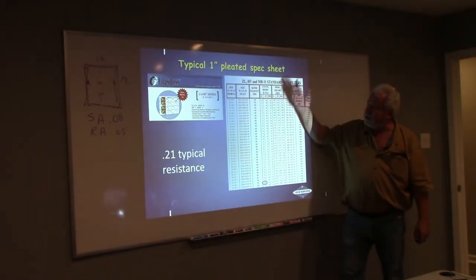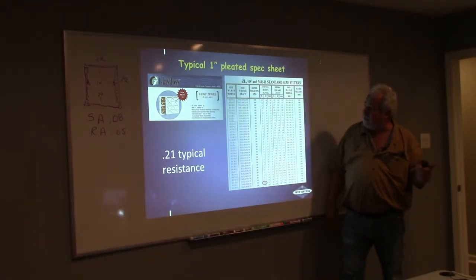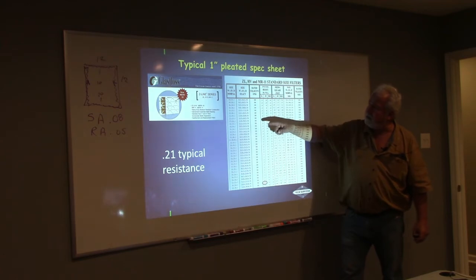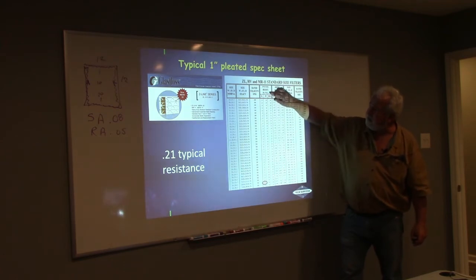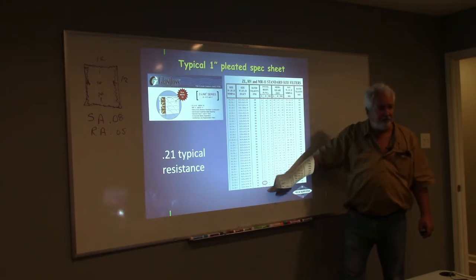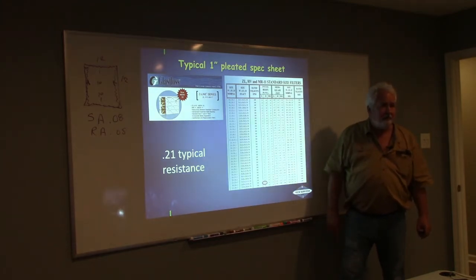All right, here's another typical 1-inch pleat. Now look at this. Remember we just talked about that 0.09, and I said that's a good, very low resistance. Look at these pleated filters right off the bat. The initial resistance on all of these is 0.21. That's more than double where we were with the other filters, right?